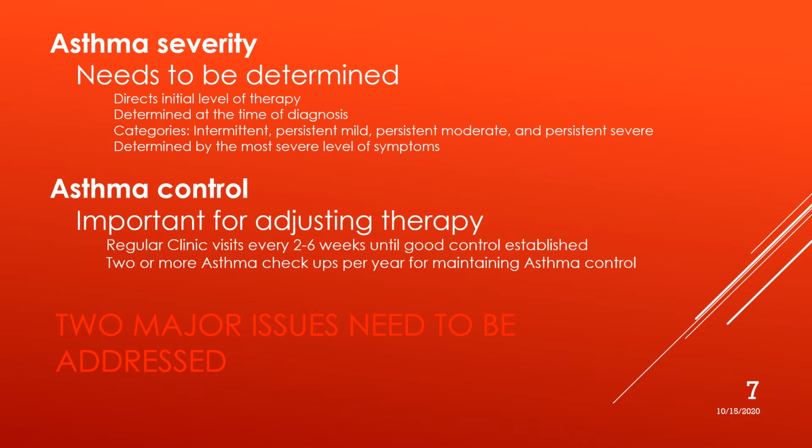What that means is that during the first time you're diagnosed, for the first 2 to 6 weeks, you may go back and forth to the doctor because they want to see if your asthma is being managed, and they could up your medication or down your medications. So once you get in control and your pulmonary function is good and your spirometry is good and your peak flows are good and your symptoms are good, you are in control, and that's called asthma control.